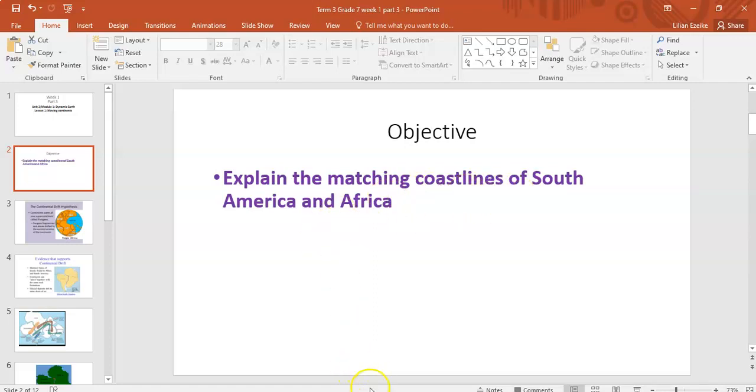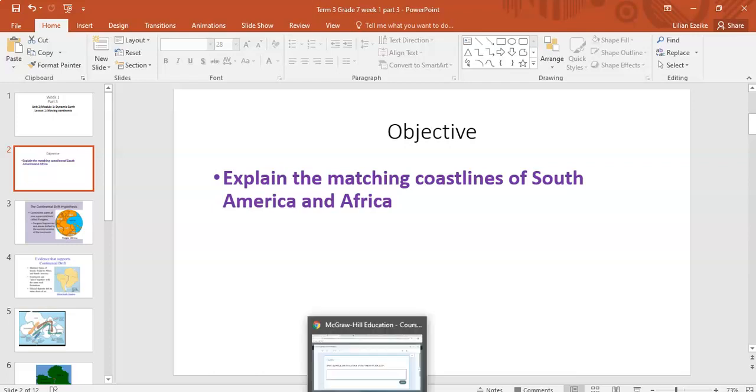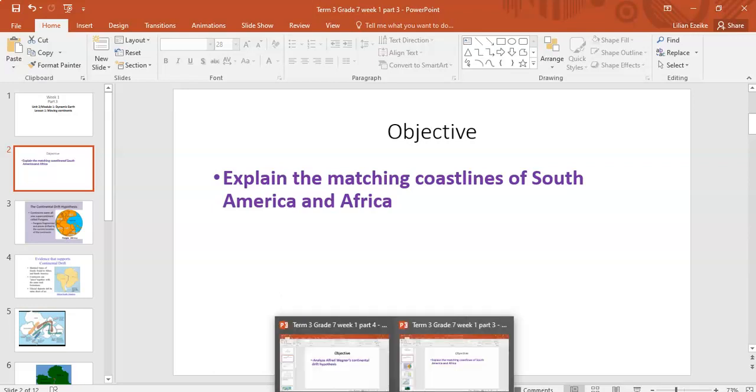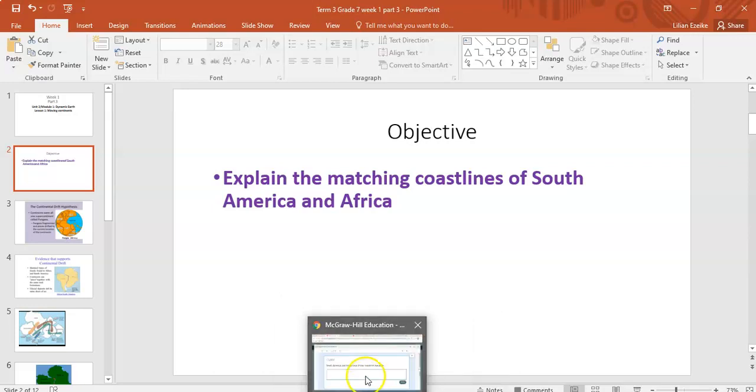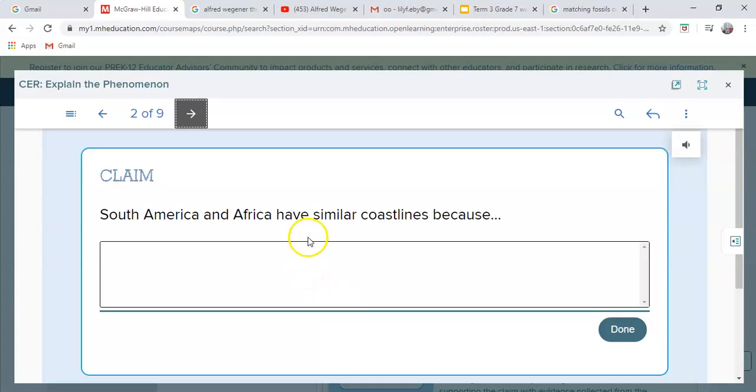So right here from the claim, I want you to take a few seconds, let's say 40 seconds again I will give to you for you to think. Can you try to give a reason for this claim? From what you've seen, why do you think that South America and Africa have similar coastlines?